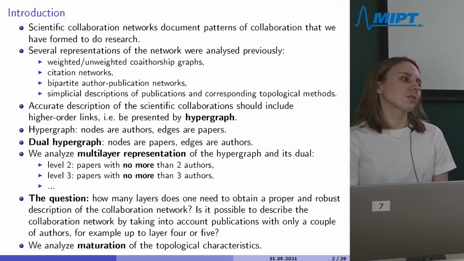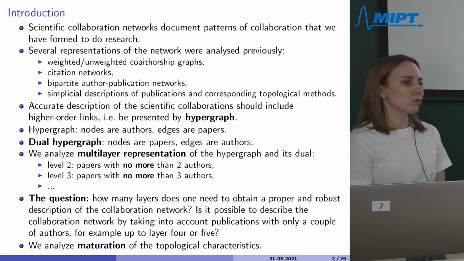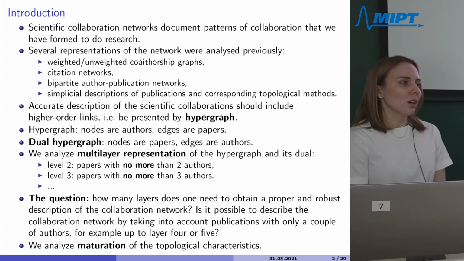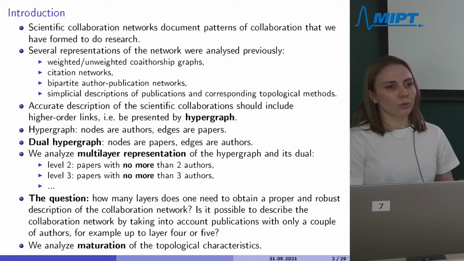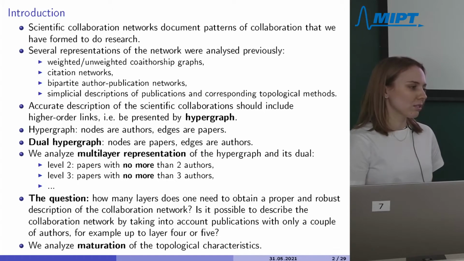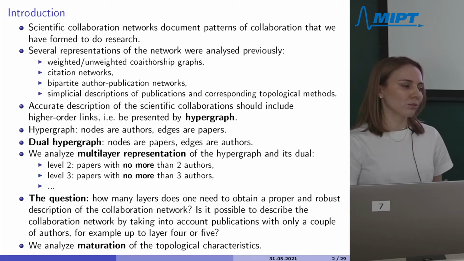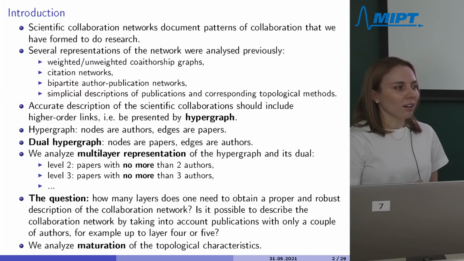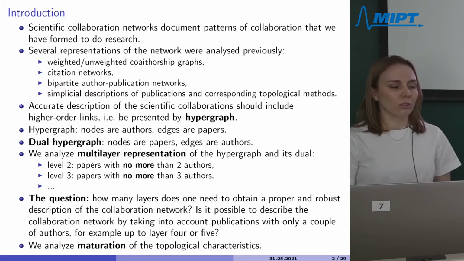It's natural to assume that different network properties should mature when we go from layer to layer, as we understand that papers with a huge number of authors can't represent strong relationships.